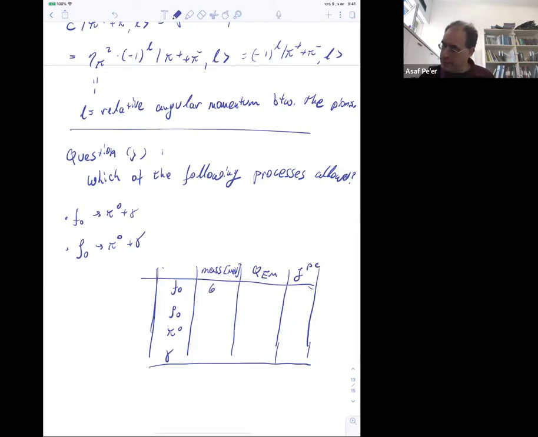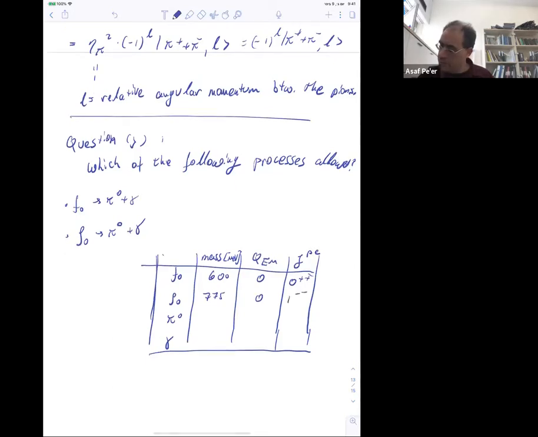The mass of the F is 600, charge is 0, and JPC is 0++. The rho particle is 775, charge 0, and it's 1--. The pion is 139, no charge, and 0-+, and the photon has 0 mass, 0 charge, and it's 1--.